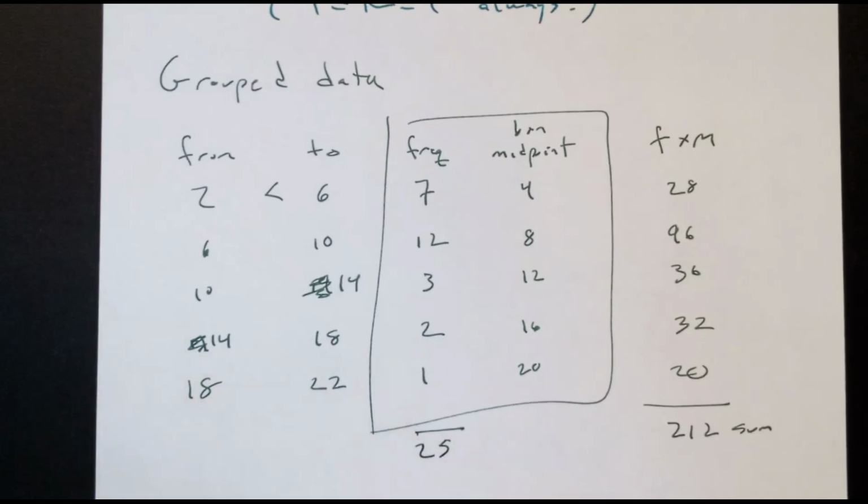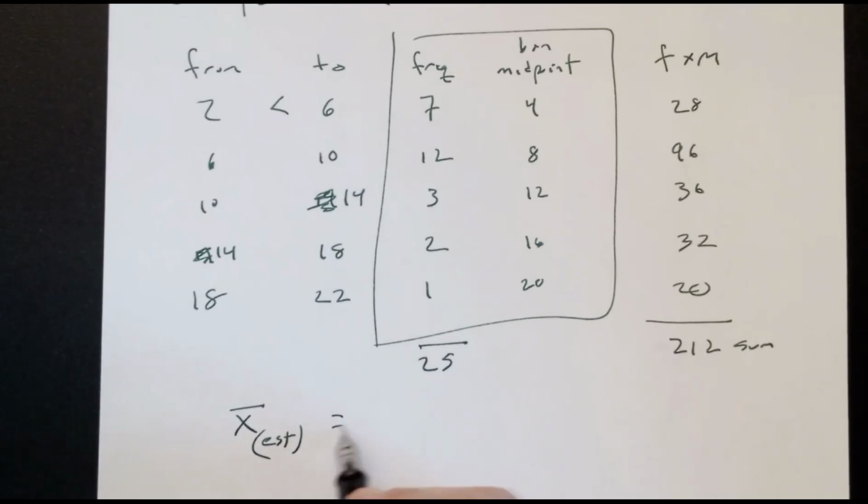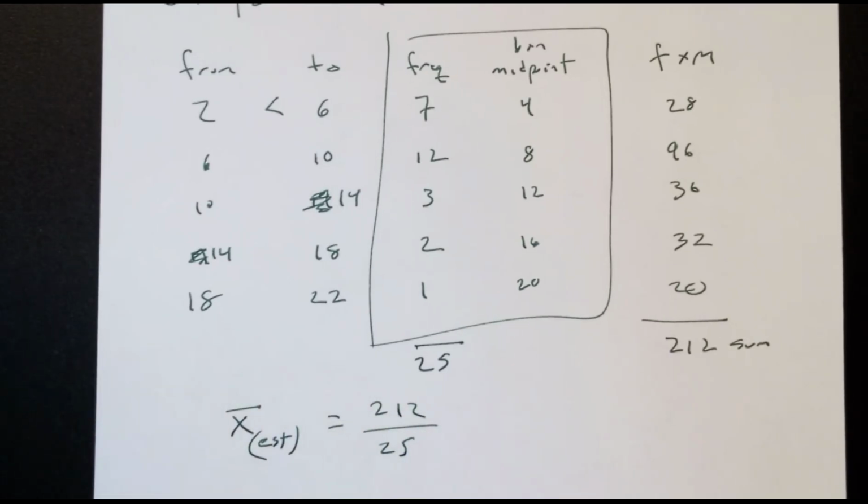So my average estimated is 212 over 25. And I can do that. 8.48. A weighted assumption of an average.